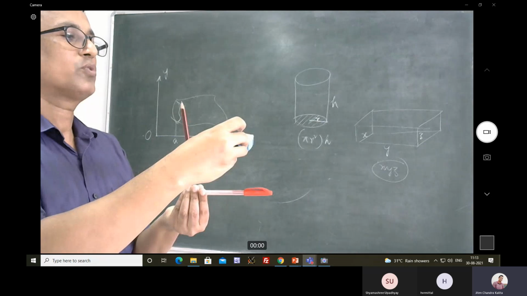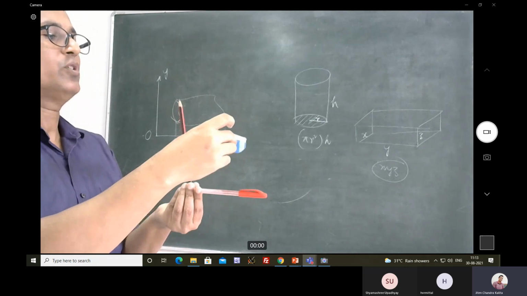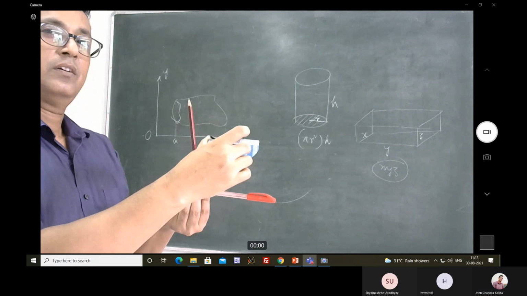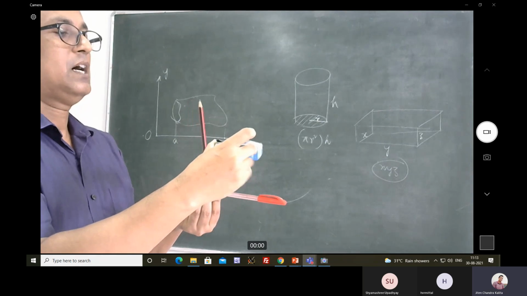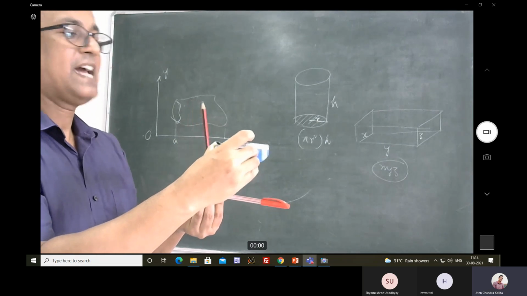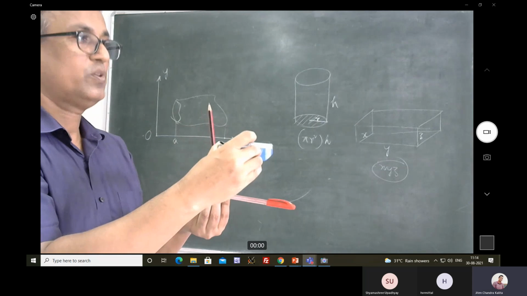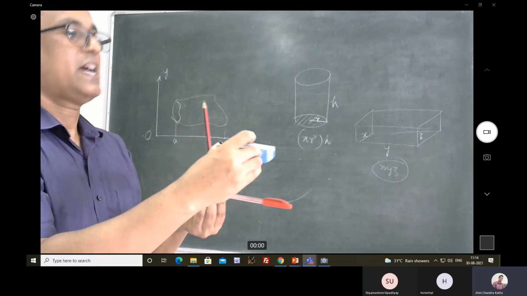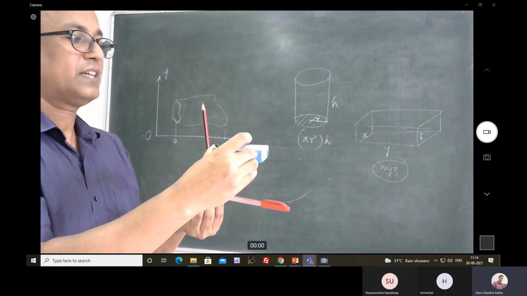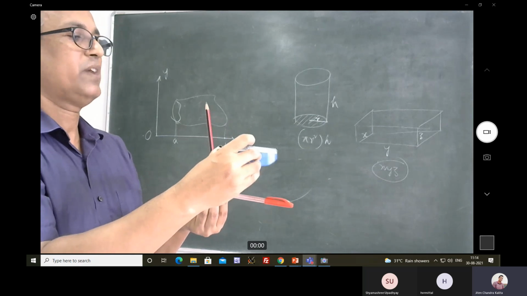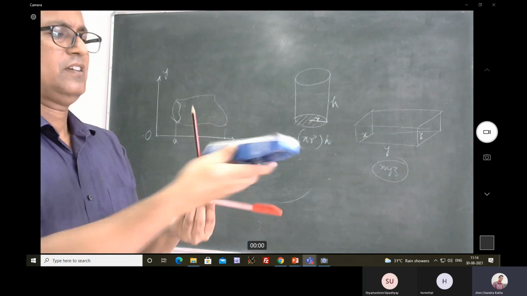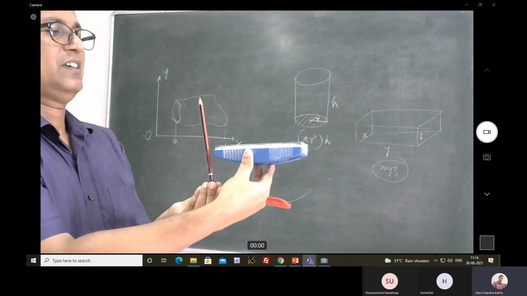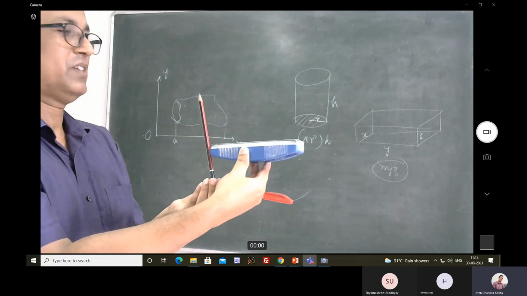Then what I am going to do is cut or intersect the solid with a plane Px, in such a way that, or maybe if I hold it like this, it will be easier for you. So the scenario is something like this.